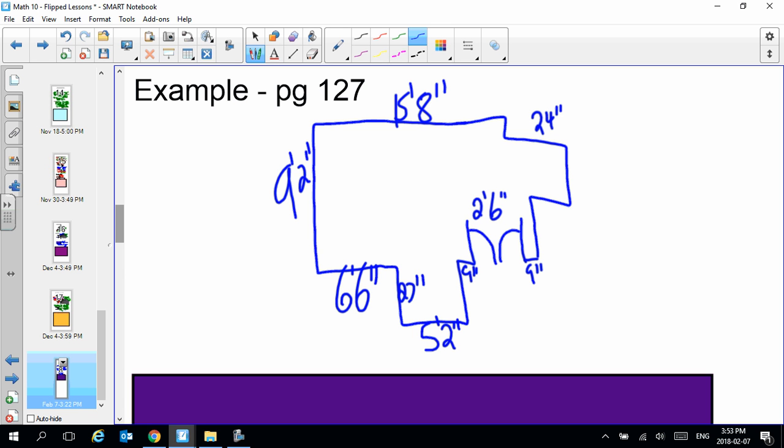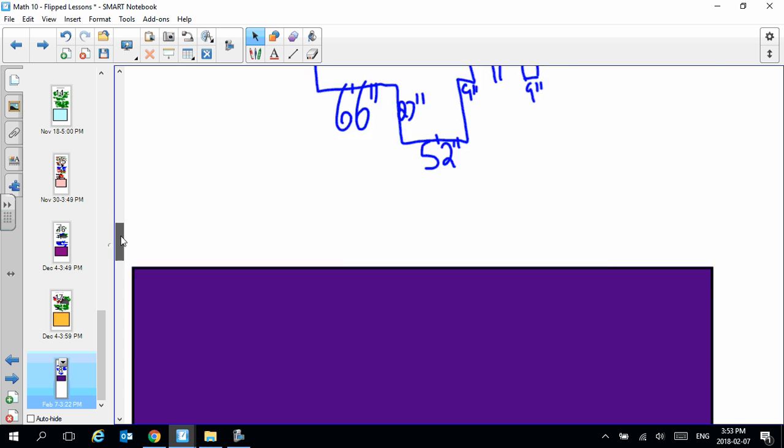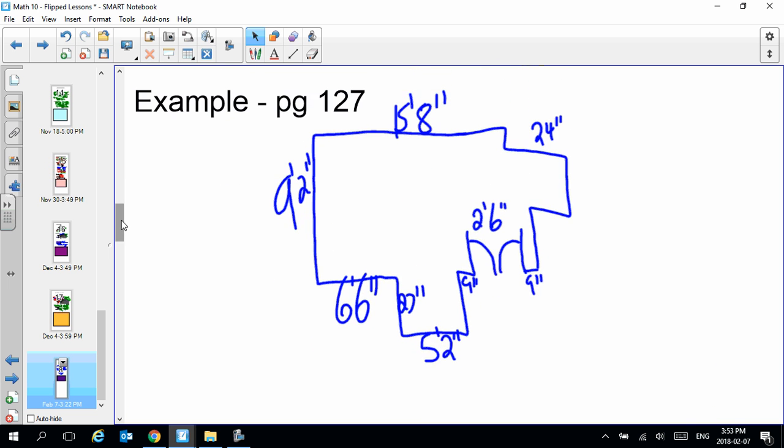Okay, so there's a couple things going on in this one. The first one is that they're going to try and get you to think a little bit outside of the box. You have to use what you do know in order to figure out the things that you don't know. For example, if we look over on this side of our figure, I know exactly how long that little piece of wall is.